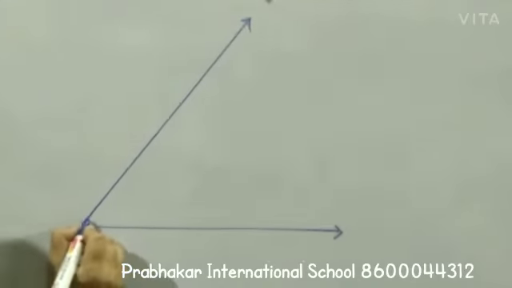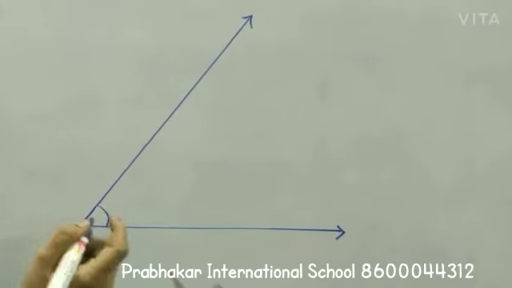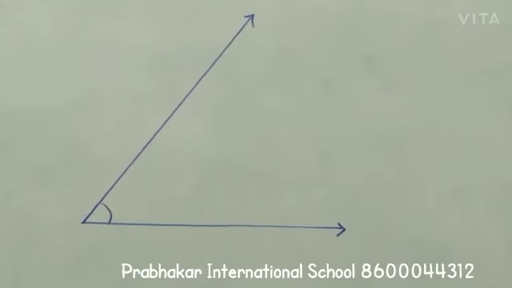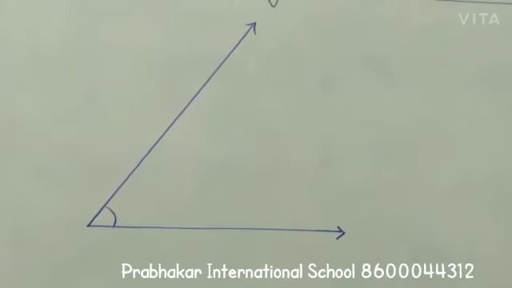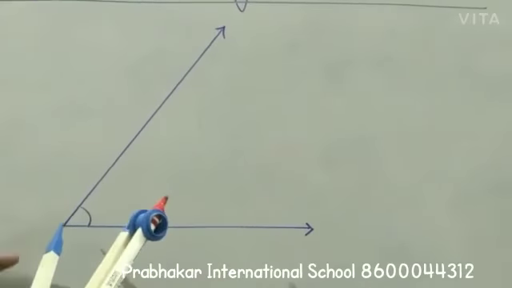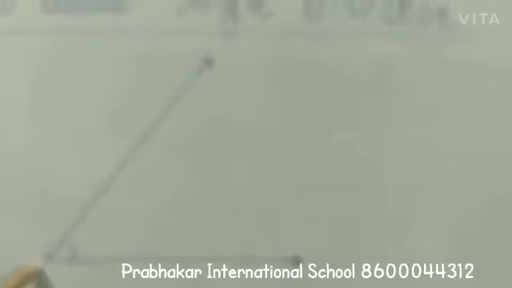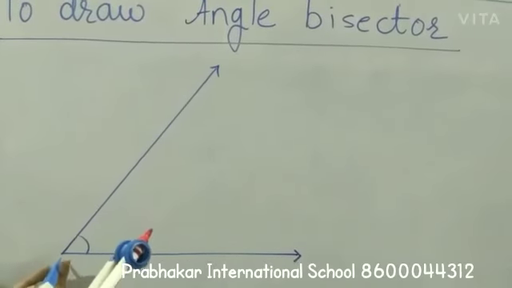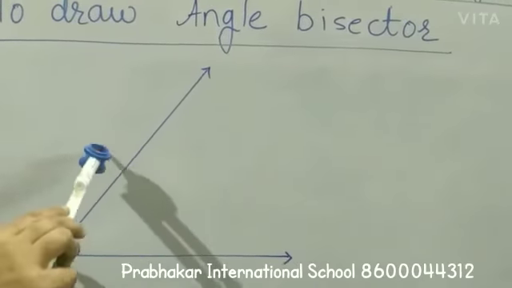So you can see this. Take some measurement here. Now place this point on this vertex. This is the vertex of an angle. Okay, place it here and draw one arc. Now after this, increase measurement. This arc intersecting arm here and terminal arm here.